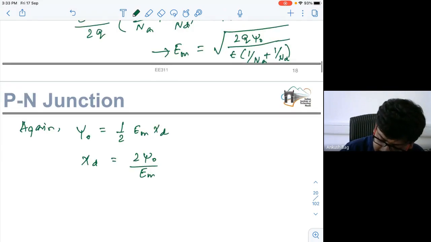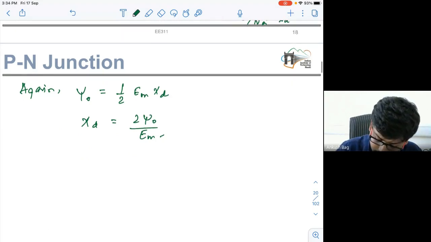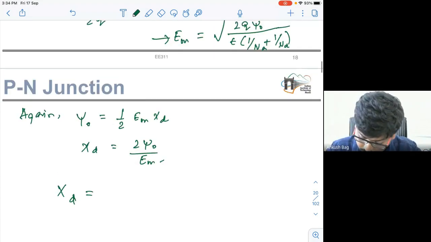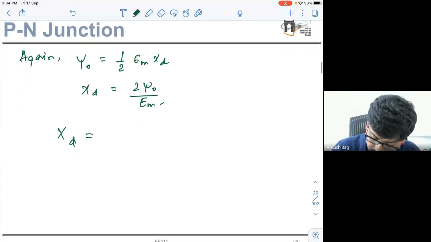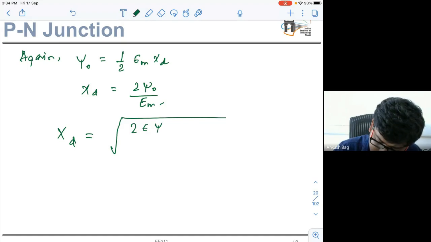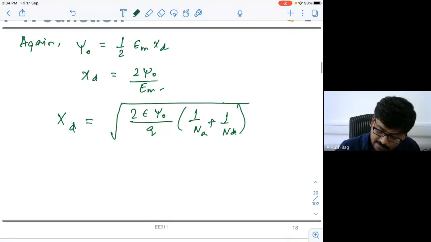Now here we have already Em, so if you put this Em here, we'll get the xt, or the total depletion region, and that total depletion region xt will be equal to, let me write this final one. So this is xd.